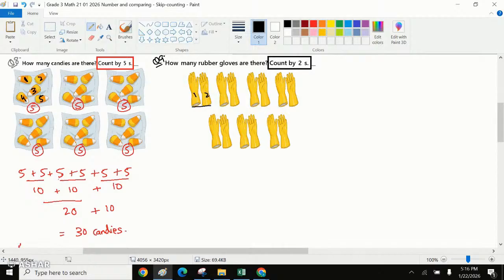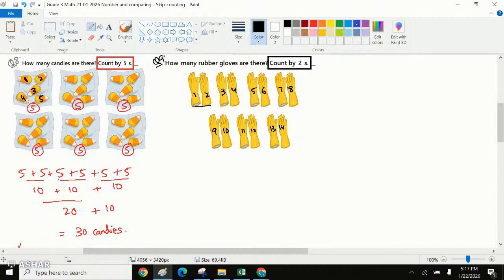1, 2, right? How many pairs are there? We can say this is 3, 4, 5, 6, 7, 8, 9, 10, 11, 12. That is 13 and 14, right? But we are not counting like this, right?